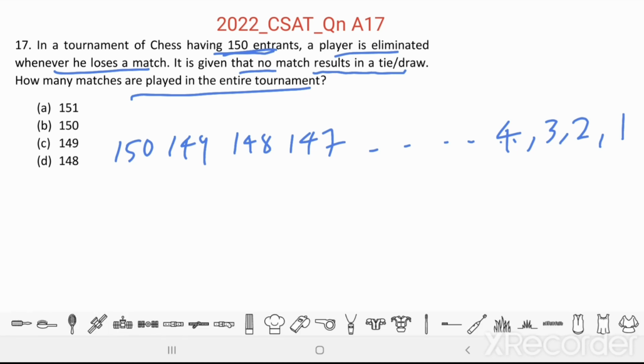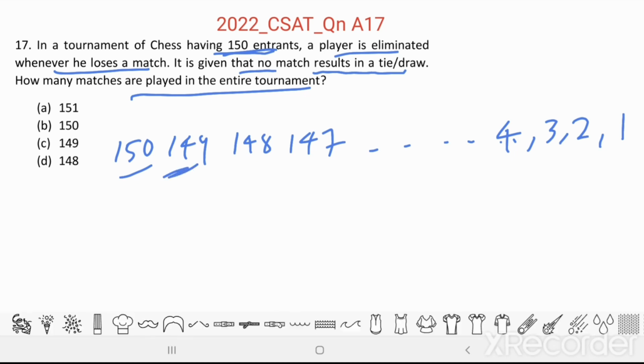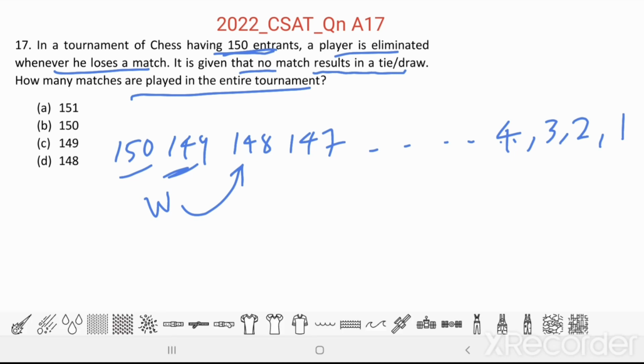So the last 2 players will play first. And the winner prevails, and the loser gets eliminated from the tournament. And the winner of the first match will play with the 148th rank member.